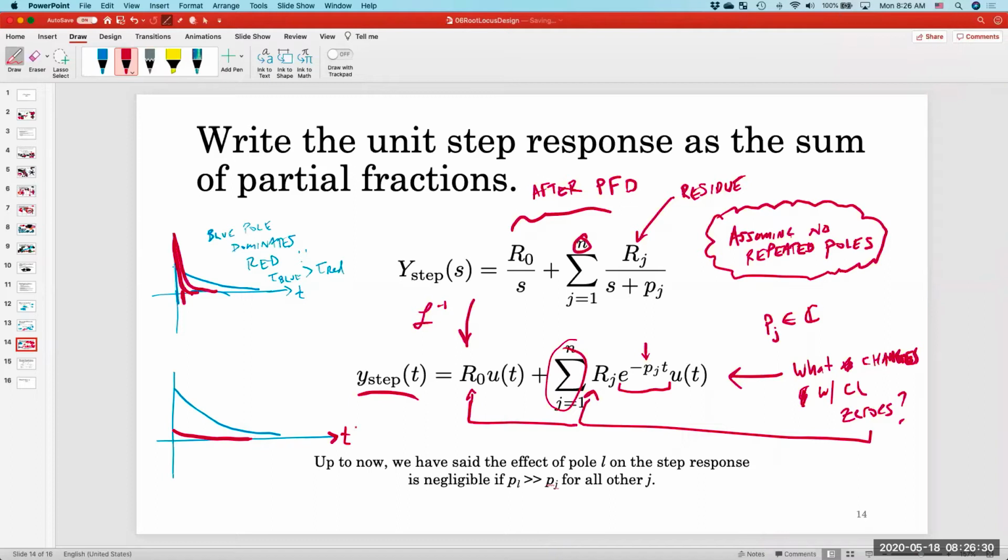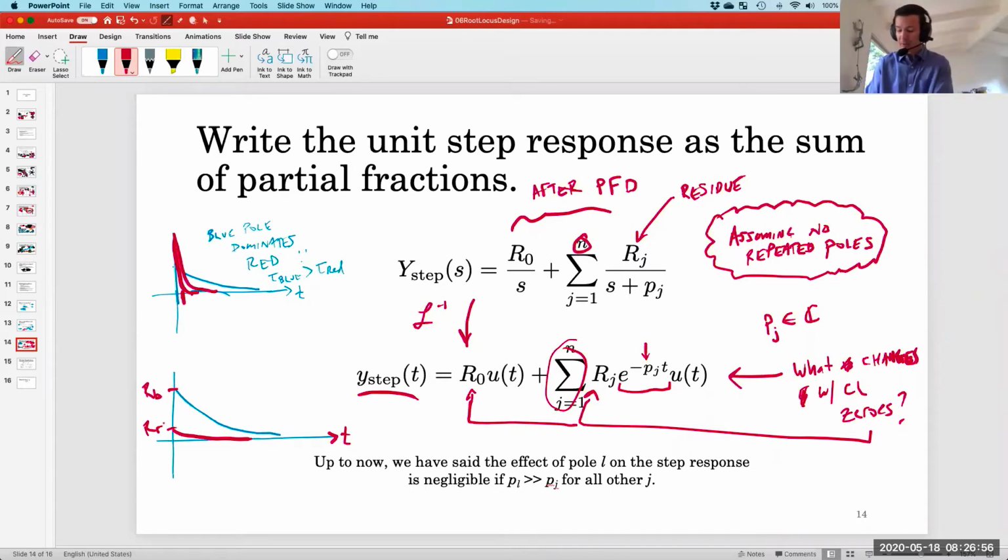Blue. For sure, it's the bigger one. So if two terms have nearly the same time constant, what controls their initial amplitude? The residue, which are affected by the zeros. I think that's where you're going. Yes, you were already ahead of me. Exactly. So this would be residue sub blue, and this would be residue sub red.